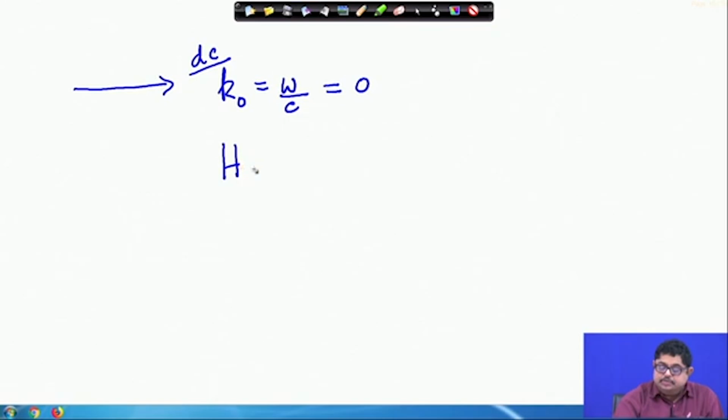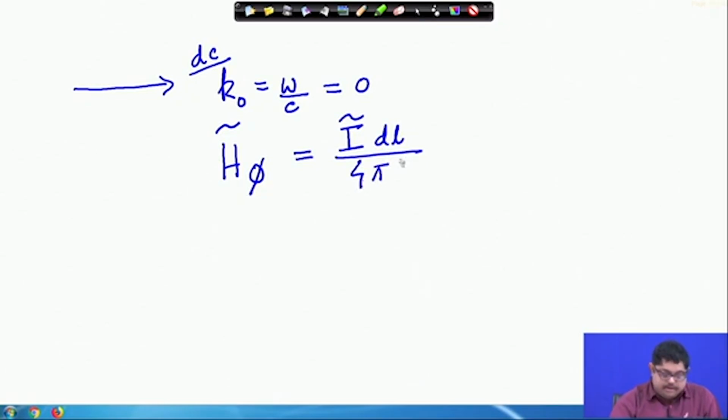So, what happens to H phi? If we look at its expression, H phi becomes I dl by 4 pi r square sin theta. So, if we send a DC current, the magnetic field is this.